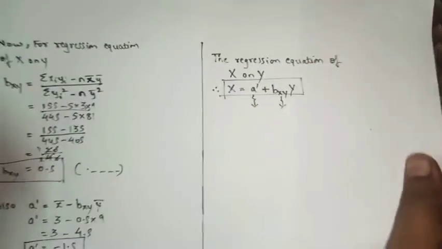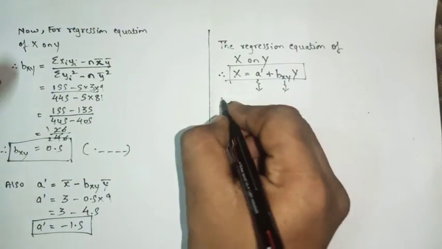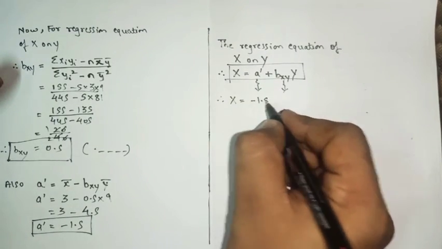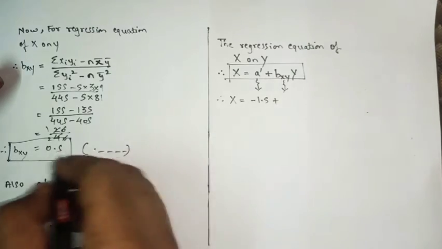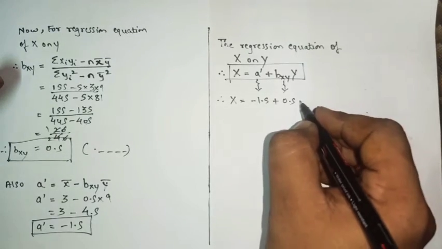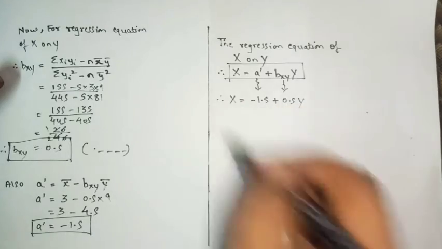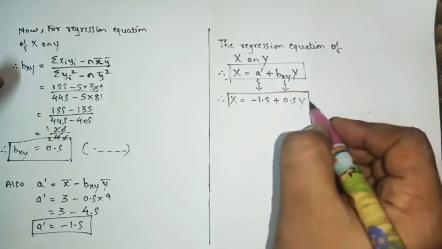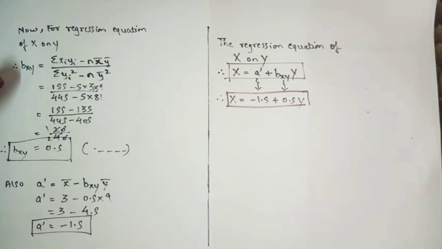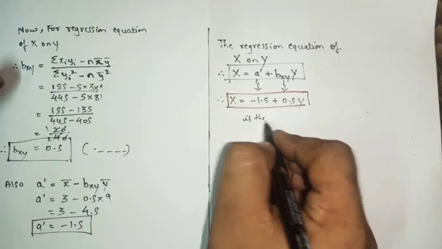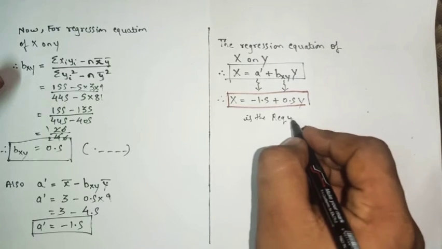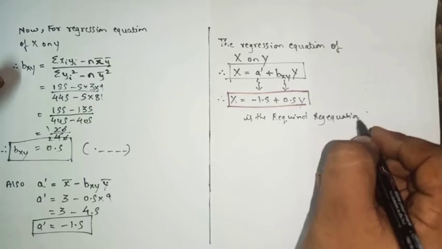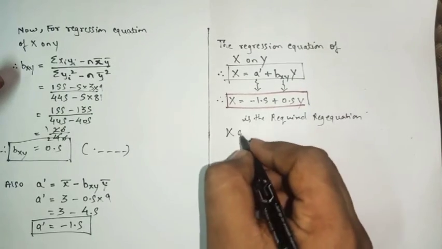And the final step, you will substitute the value of a dash, that is minus 1.5, plus b_xy, which is 0.5, y. So this is our required regression equation x on y.